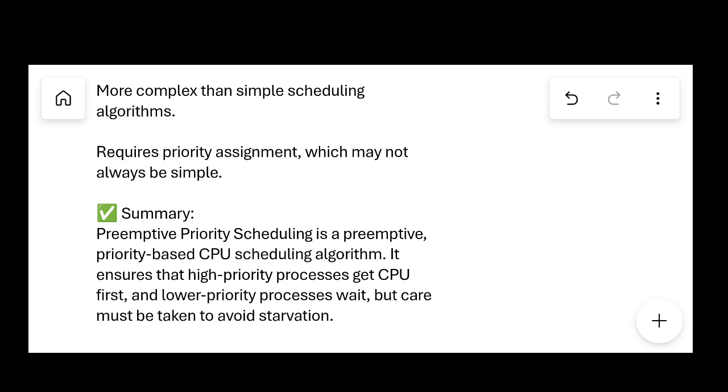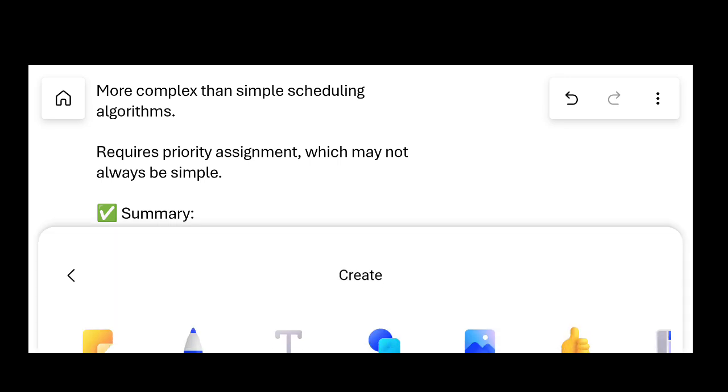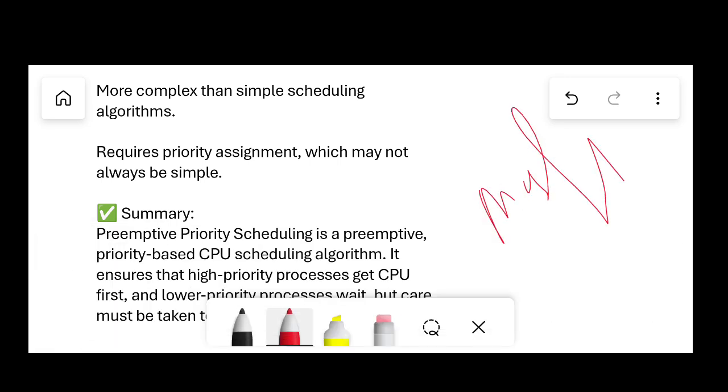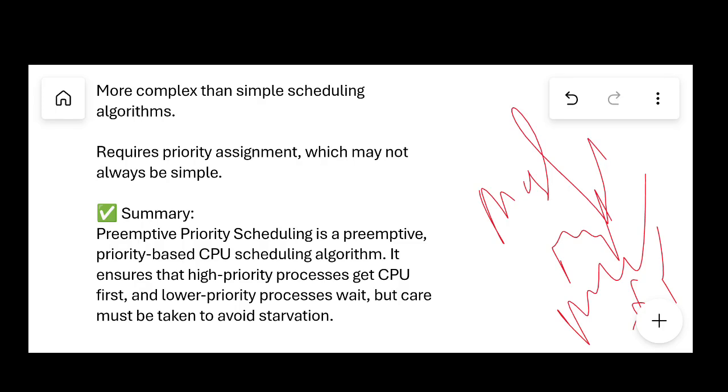So the summary is: preemptive priority scheduling is a priority-based CPU scheduling algorithm. It ensures that high priority processes get the CPU first and lower priority processes wait, but care must be taken to avoid starvation. Basically, it is all about giving the CPU to the most important process first, and it can preempt running processes whenever needed.